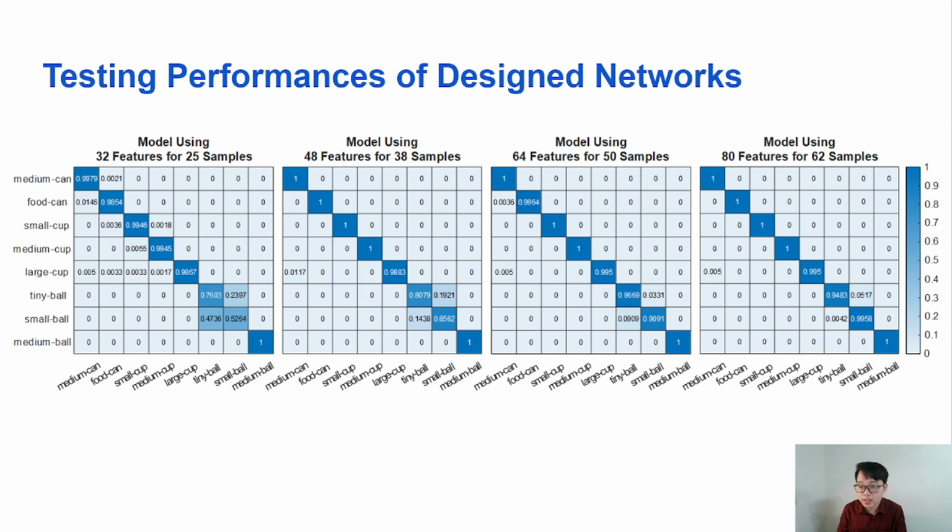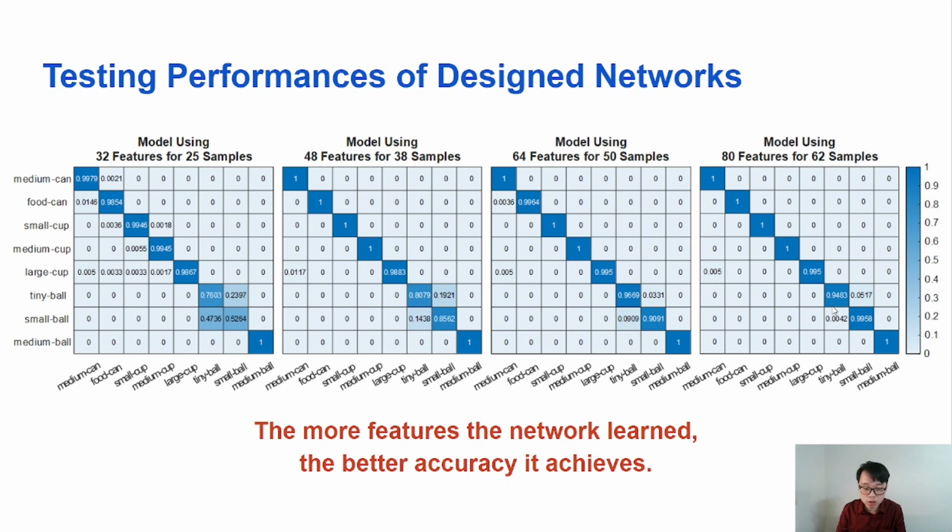As we can see in the figure right here, the model using 80 features with 62 samples is the best one. It achieves almost 99% accuracy, except it misclassified the small ball and the tiny ball right here, which lowers it a little bit. Our conclusion is that the more features the network learns, the better the accuracy achieved.